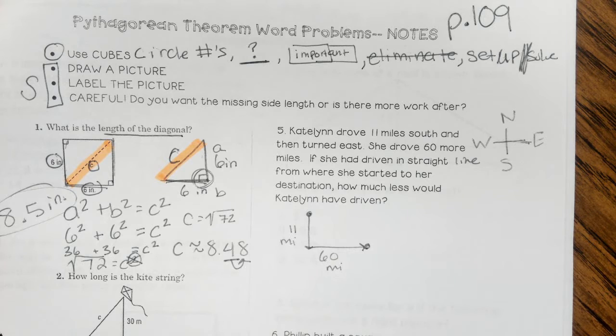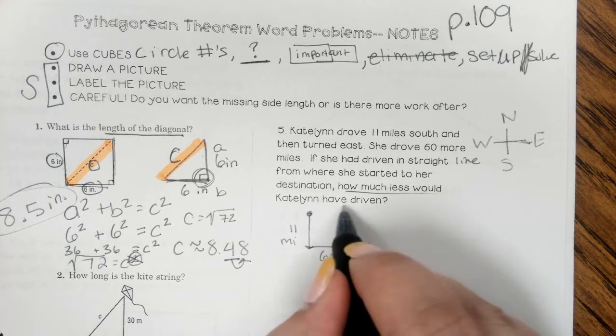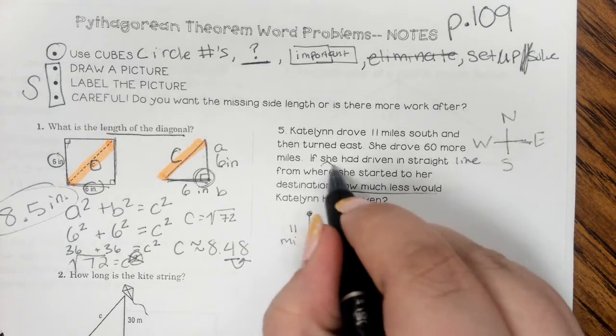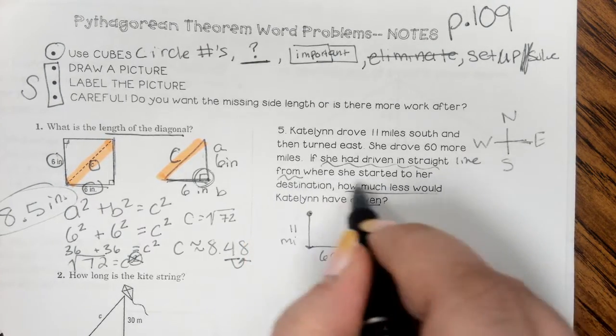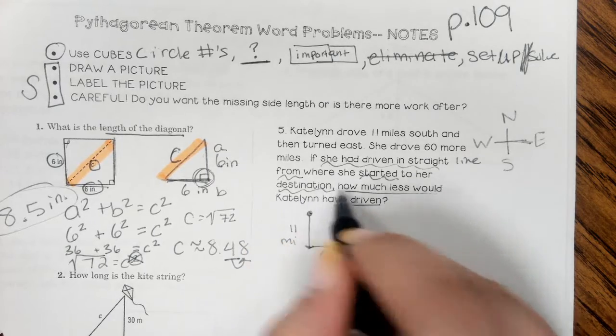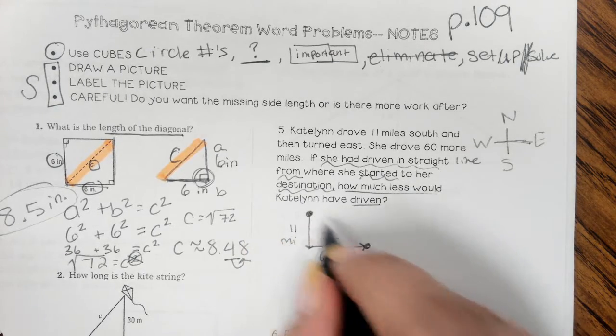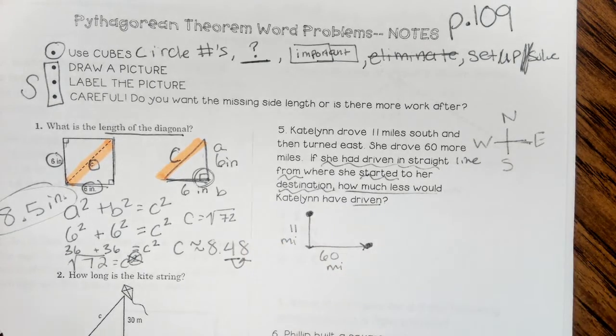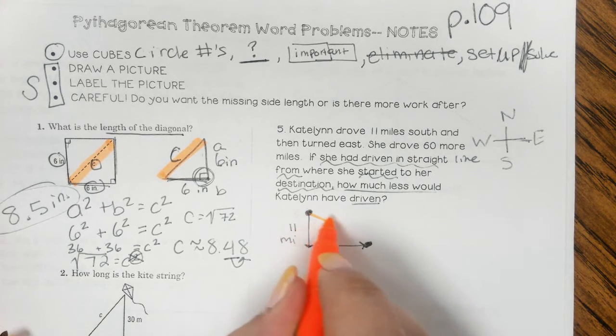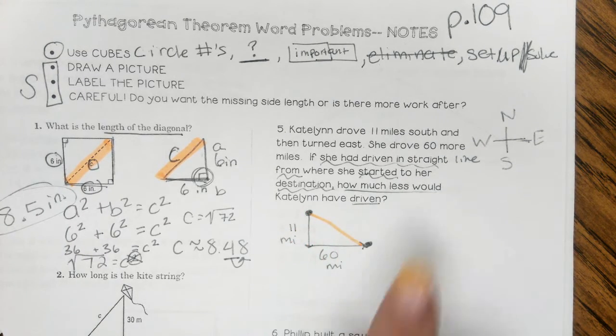The question, and I'll underline that, is how much less would she have driven, and that's if she had driven in a straight line from the starting to the destination. Here's the start, here's the destination. If she had driven this line, how much would that have saved her? How much less would she have driven?